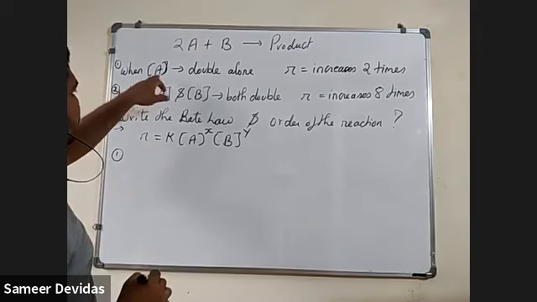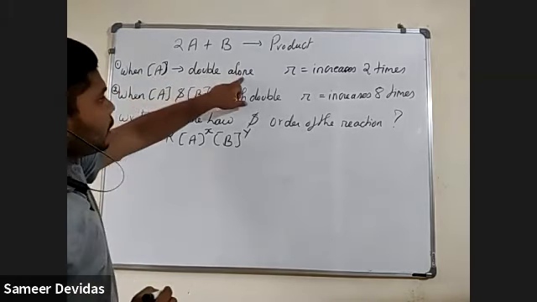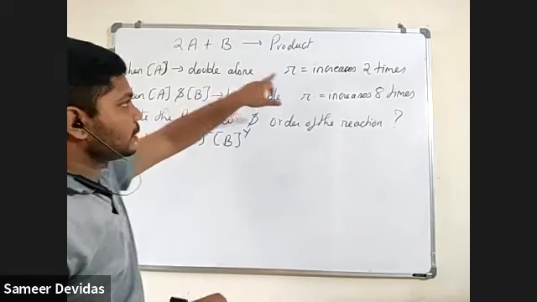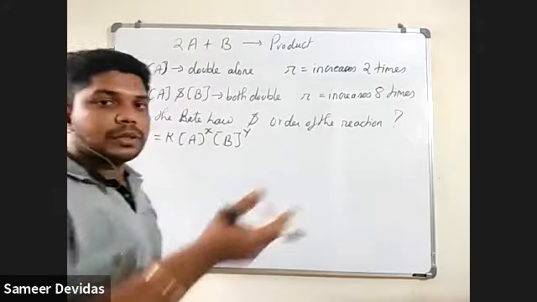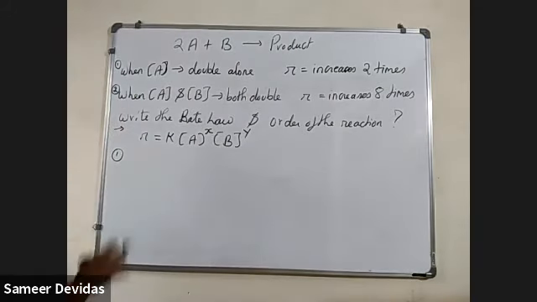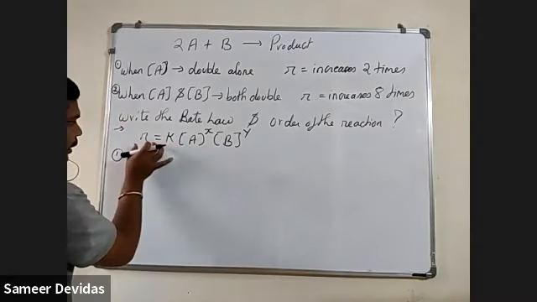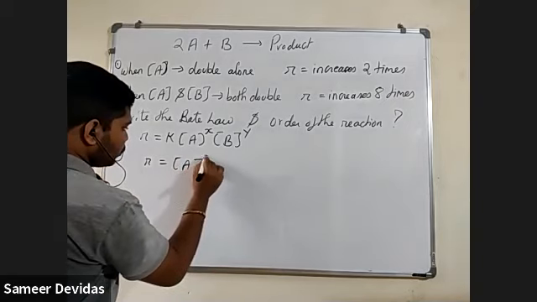We'll take the first one. What they have said: when A doubles alone, only A is doubled and B remains as it is. R increases 2 times, so the rate becomes twice. In that case, we will not take B into consideration, only R and A. So R is equal to A raised to X.